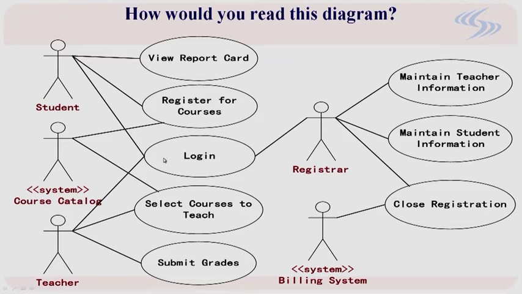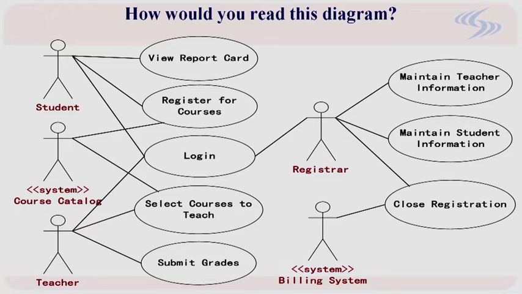Well, these two cases, register for courses and select the courses to teach, also interact with another actor, course catalog. What does it mean? It means that the fulfillment of these two use cases needs the interaction of the system course catalog. Surely the information about the courses will be needed for register or for selecting courses to teach, right?